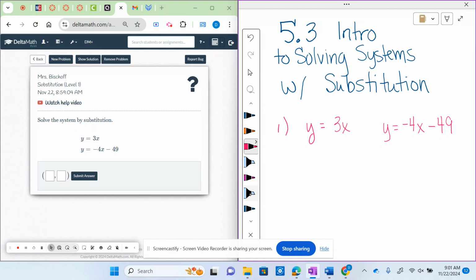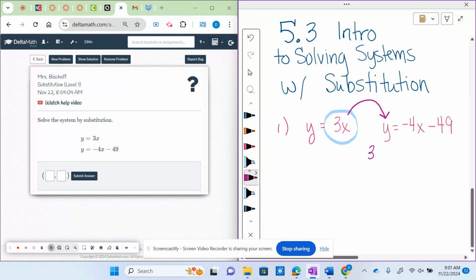Well, I want to show you guys that y equals 3x. Do you see that? It says right there that y equals 3x. So in order to solve this system, I'm going to go to the next equation and I'm going to replace my y with what? With the 3x.